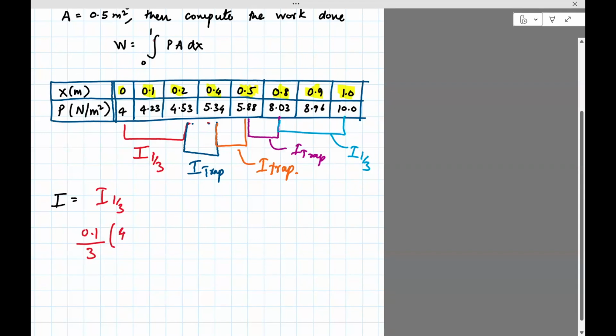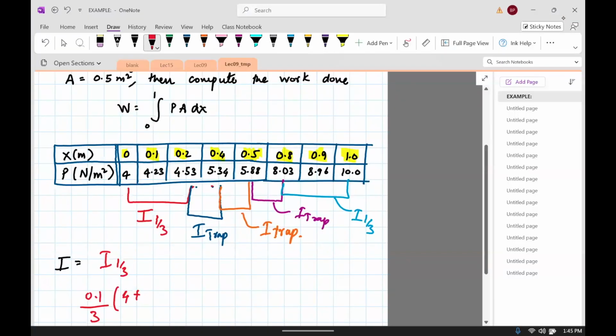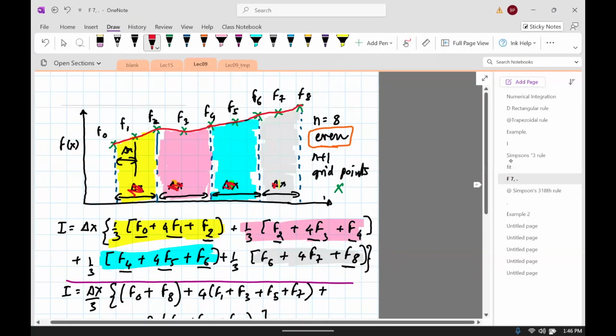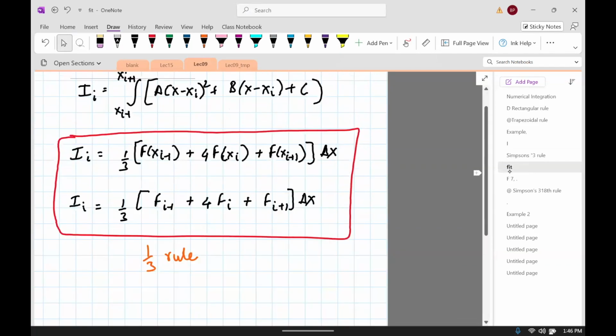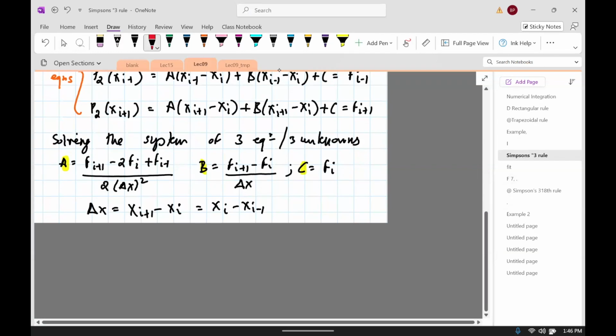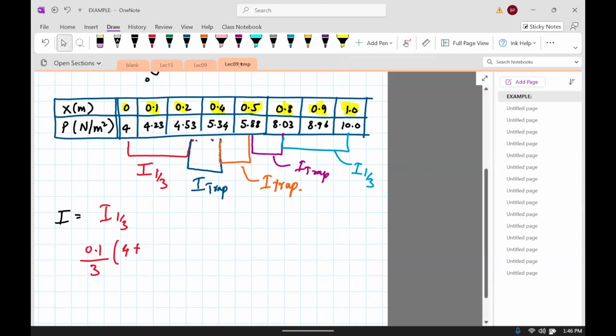If you see the formula for the 1/3 rule, in this case we need 1, 4, 1. So 4.23 times 4 plus 4.53.